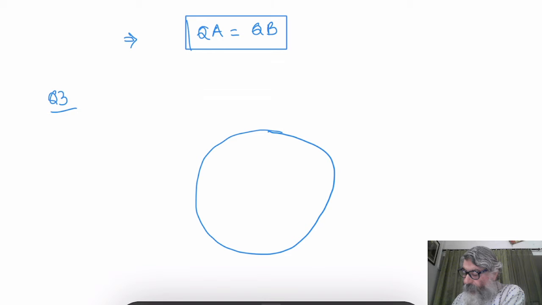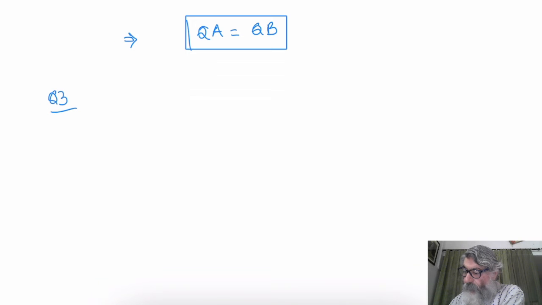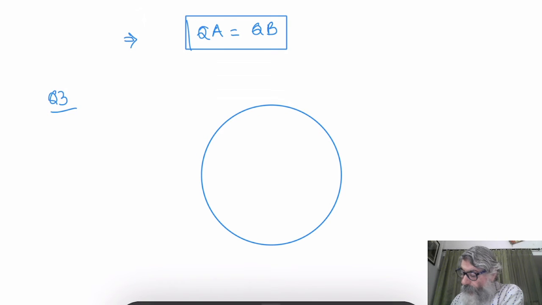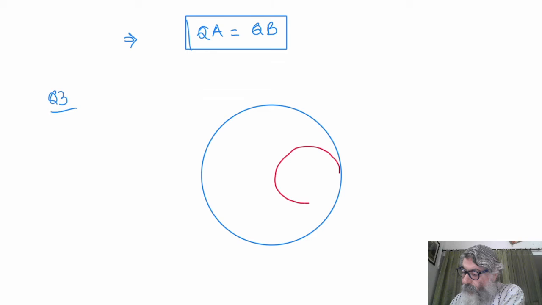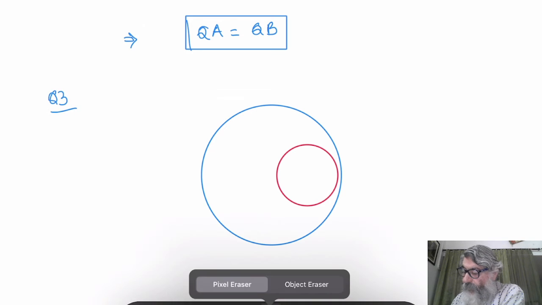So, the beginning is wrong. Now let me draw another circle. This is always going to be difficult. This is what I said, it will be difficult.